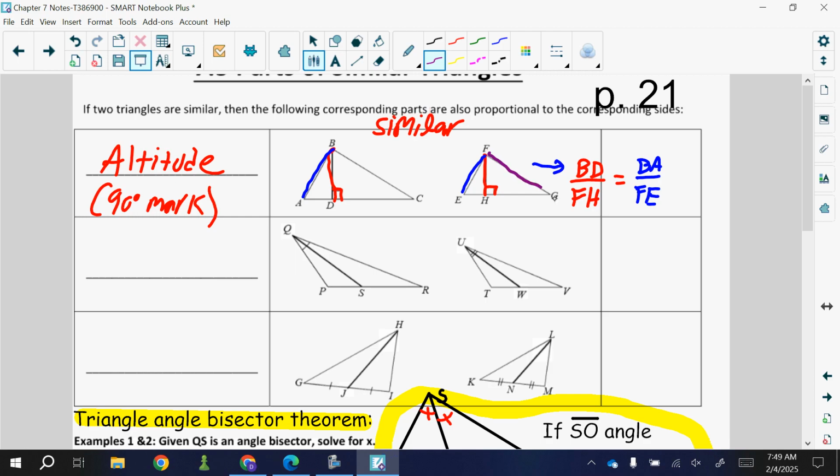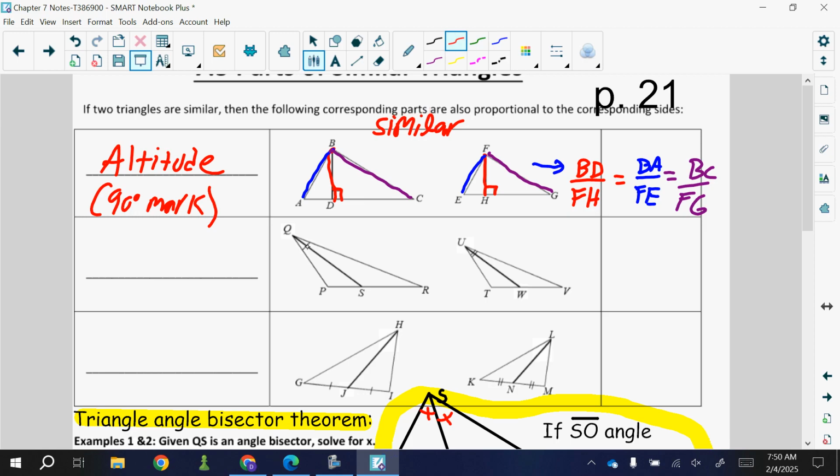Then we also have BC over FG. These shouldn't really be a surprise because again, they are proportional. So really the only new type of ratio here is the fact that these altitudes would also be proportional.